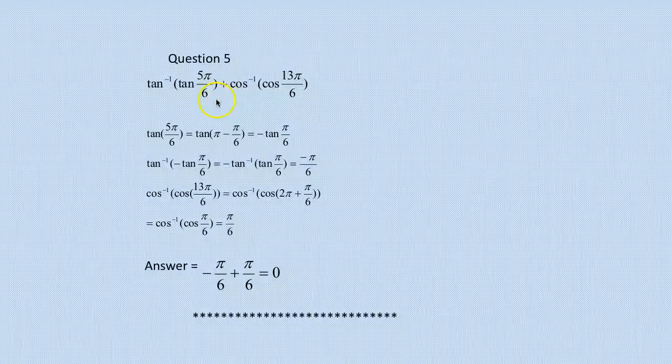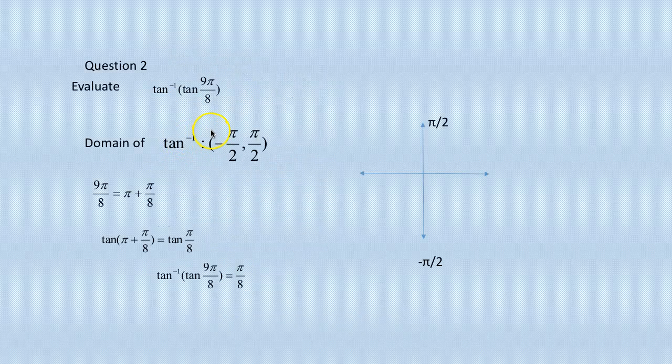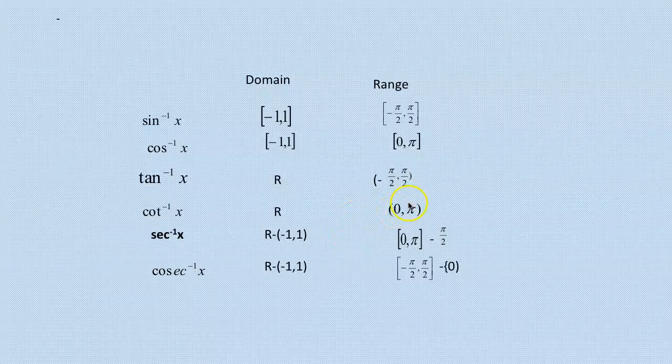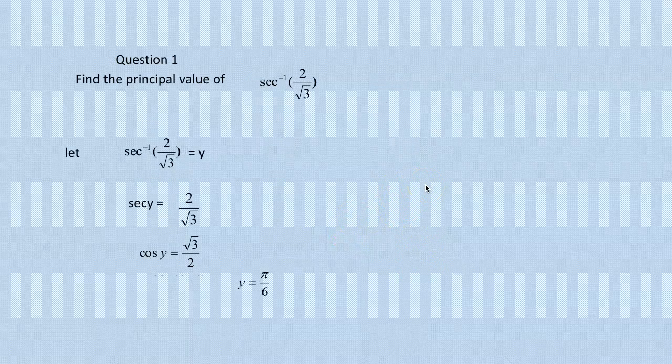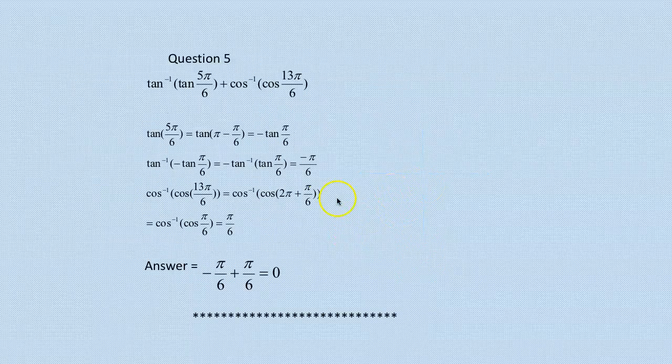Evaluate tan inverse tan 5 pi by 6 plus cos inverse cos 13 pi by 6. 5 pi by 6 lies in the second quadrant. Second quadrant lies outside the range of tan inverse, because the range of tan inverse is the open interval minus pi by 2 to pi by 2. So you write 5 pi by 6 as pi minus pi by 6, so tan of it is minus tan pi by 6, because pi minus pi by 6 lies in the second quadrant, where tan is negative.